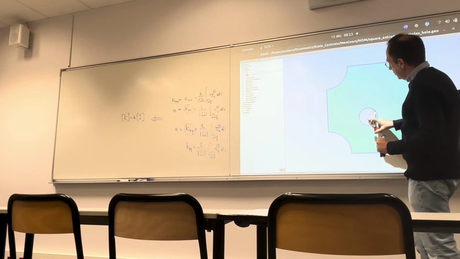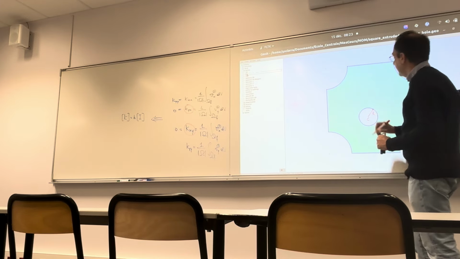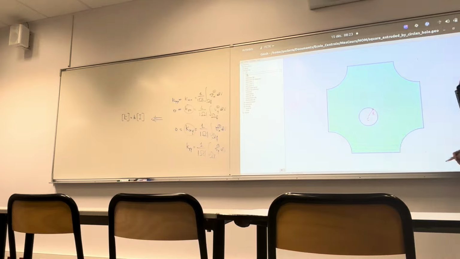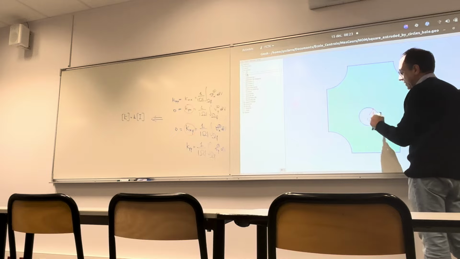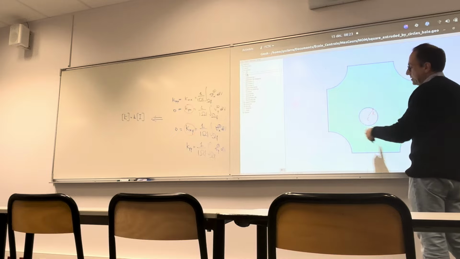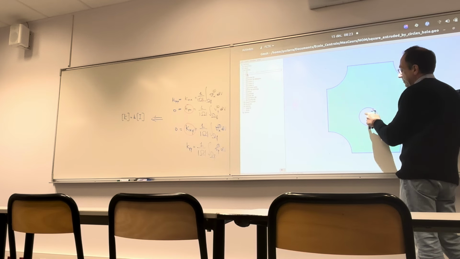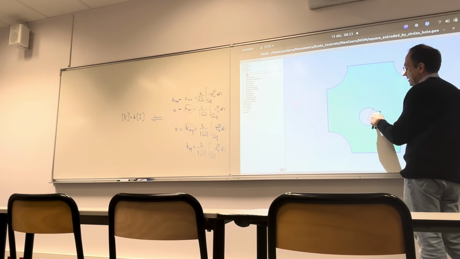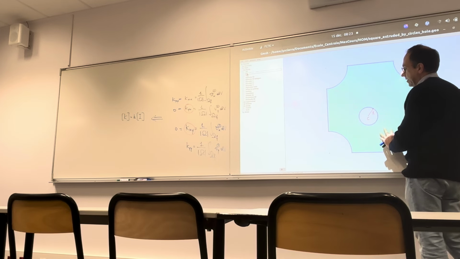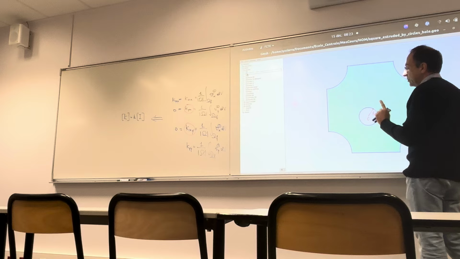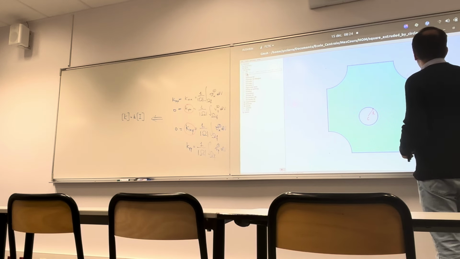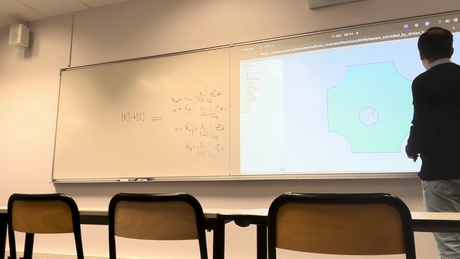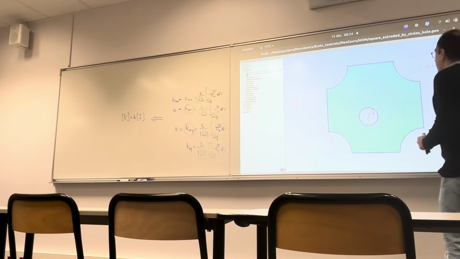So the idea is to take the original file, introduce this additional surface, this additional curve, to generate this new surface with a given center and a given radius that you can later change, and mesh the domain. Once you have done that, obviously you will come up with a new MSH file. Okay.